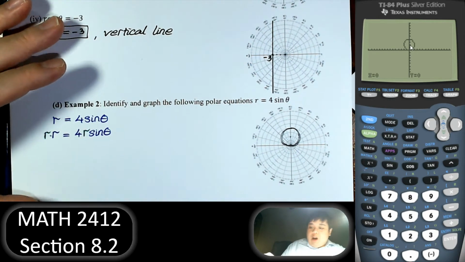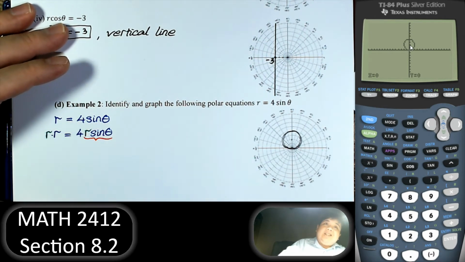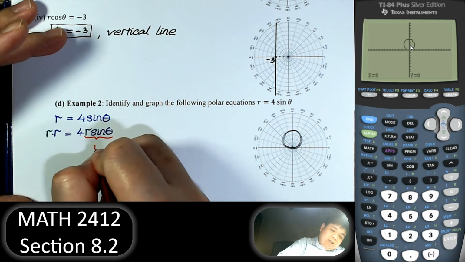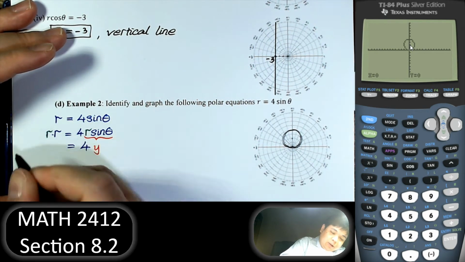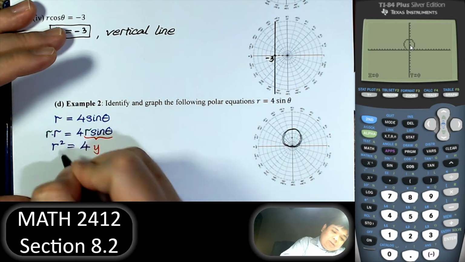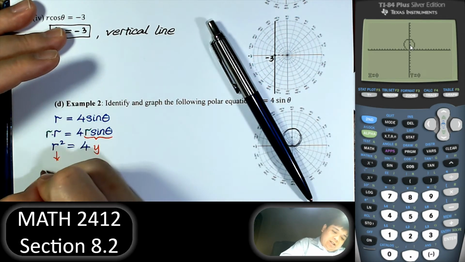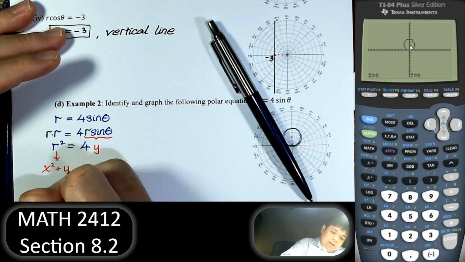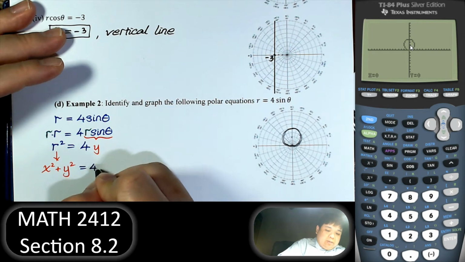So once we multiply r on both sides, here we have r sine theta gives us y, right? And r squared gives us x squared plus y squared. So we have the equation x squared plus y squared equal to 4y.